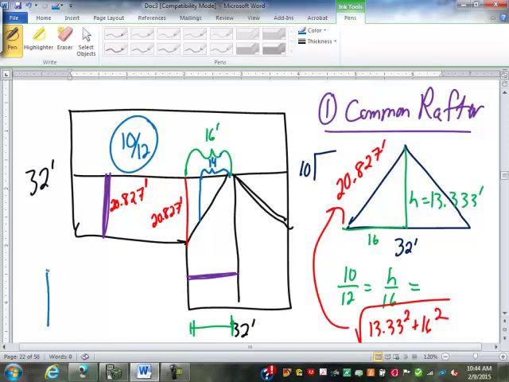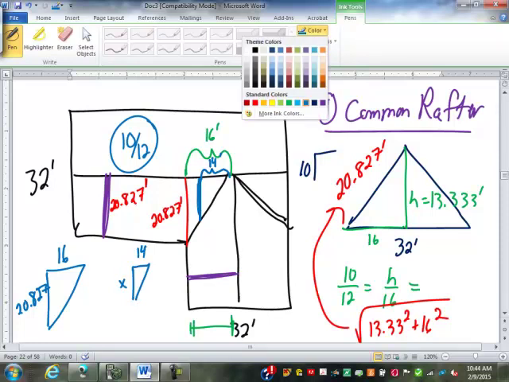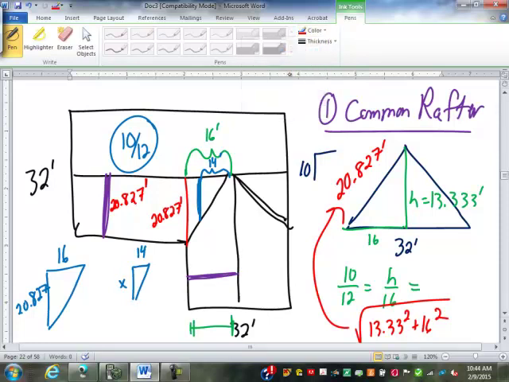So that means we have 16 feet here with 20.827. Trying to find the length of this next jack. This is 14 and X. This is like step 3 we're on now.